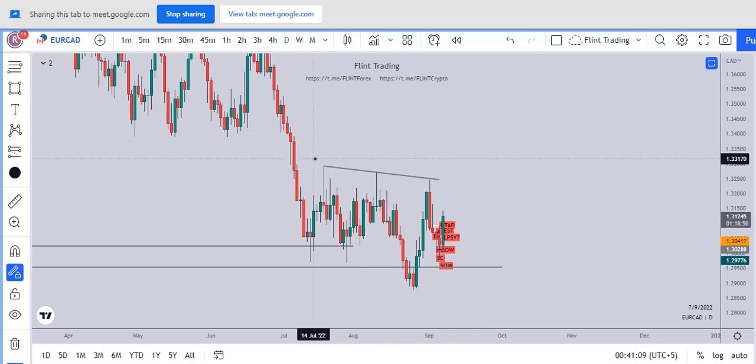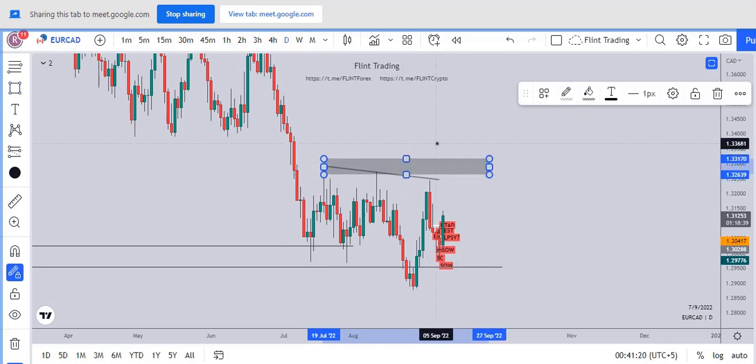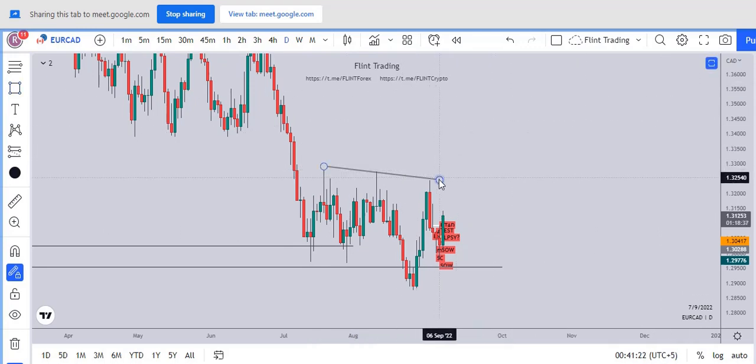I sent a schematic in the channel, another example based on regions, like these zones, but that schematic was based on any type of liquidity web, and I didn't want to confuse you guys. So this could be used as a target as well.